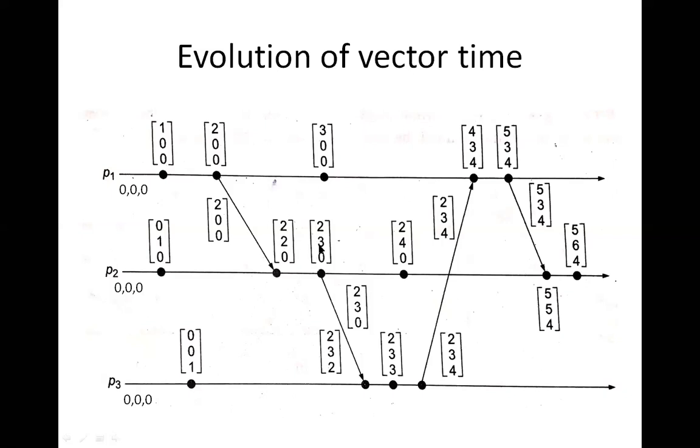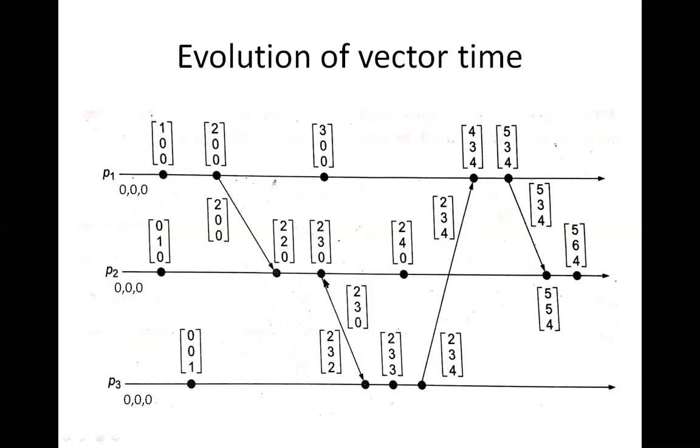The third event has occurred on process P2, so it becomes 2, 3, 0. This 2 is updated to 3. Again, I am repeating, the second component represents the time of events happening in the same process. So it becomes 2, 3, 0.